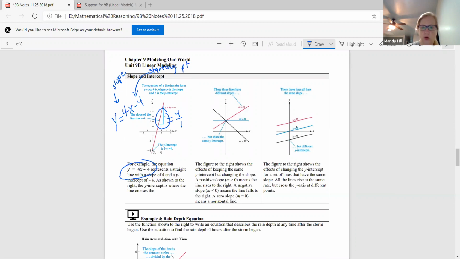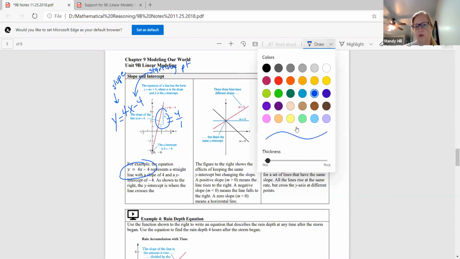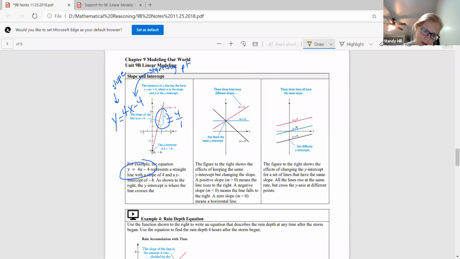So if you look on your graph, you're going to want to look at your y-axis. You're going to want to notice that it crosses the y-axis at -4, and that's your starting point. When no time has gone by, when x is 0 right here, what is your y value? And it's -4. So that's how they came up with that.